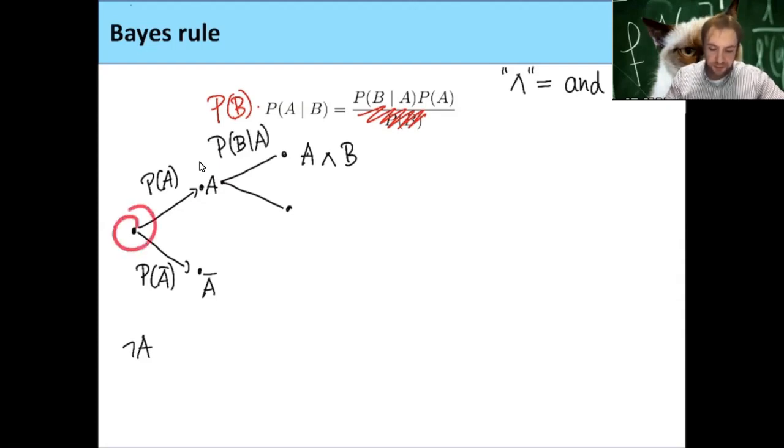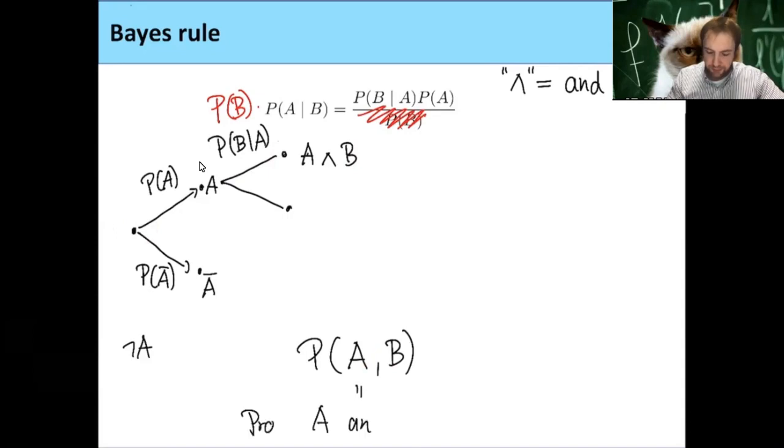So from here to here, the probability that A and B, which we will just denote by this. This comma here just means A and B, or probability of A and B.